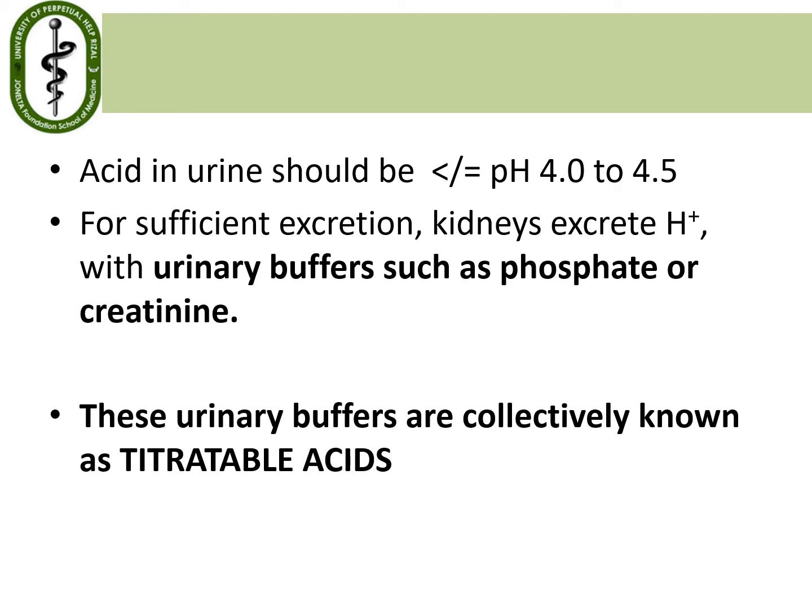The kidney cannot excrete a urine that has a pH of less than 4, because urine pH can only tolerate a pH of 4 to 4.5.